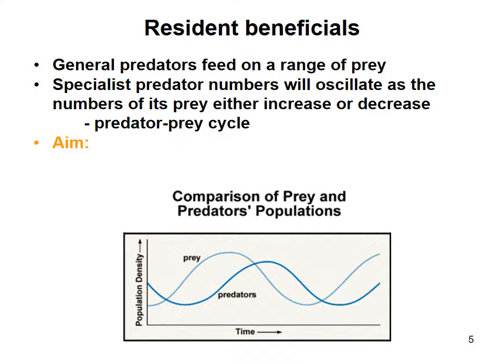So when the prey is a pest species, the aim is for us to maintain these oscillations of both prey and predator below levels where the pest can actually cause economic damage. That is, both are present, but at levels where neither are particularly obvious. That is, the system is in balance.